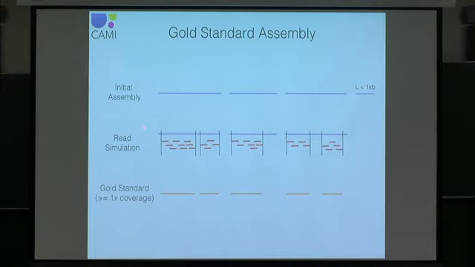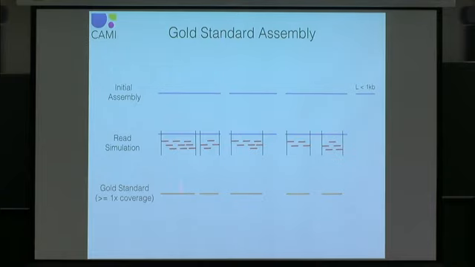And then from the contigs which are longer than 1 kb, we simulate the reads with a pipeline Andy presented earlier. And then we look at the coverage, right? And the coverage depends on the abundance distribution which you specify while running the simulation pipeline. And whenever you have coverage which is larger than 1x, this part of the genome goes into the gold standard, right?